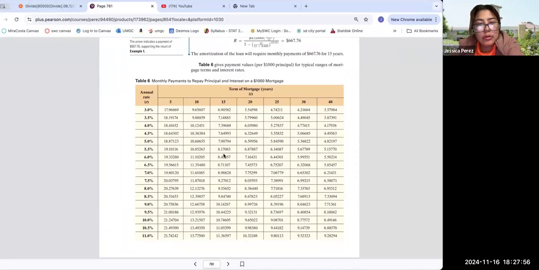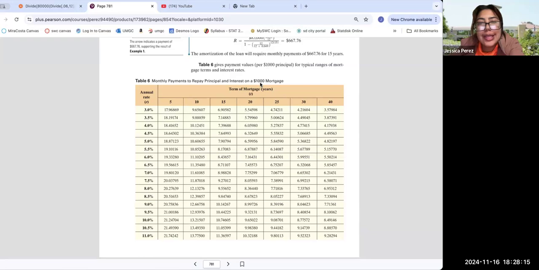So if I move over, the value is 6.44301. When I use the table, I'm going to use 80, because the table is per 1,000.